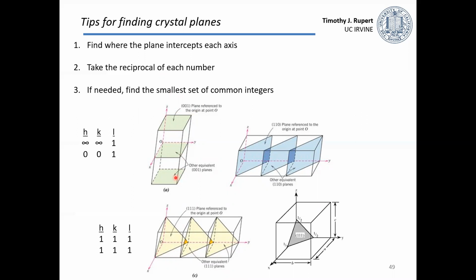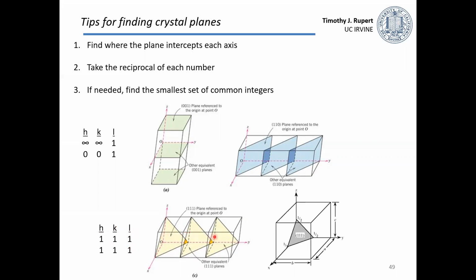We can do more and more examples. This is showing some plane cutting diagonally through that cube. Here we can ask ourselves again, where does it intercept each axis? It does it at x equals 1, y equals 1, z equals 1. So 1, 1, 1. The reciprocal of that is 1, 1, 1. We can't reduce it anymore.